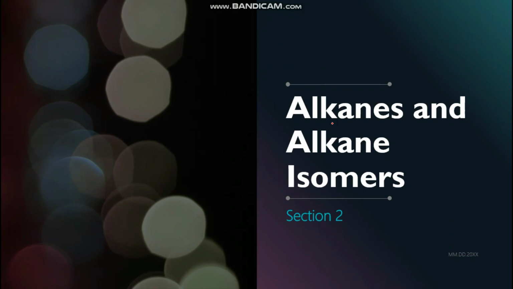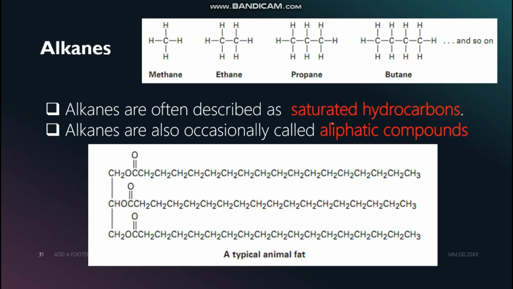So before we begin a systematic study of the different functional groups, let's look first at the simplest family of molecules, which is the alkanes, for us to develop some general ideas that apply to all families. So alkanes are hydrocarbons. So they are often described as saturated hydrocarbons. Bakit siya hydrocarbons?